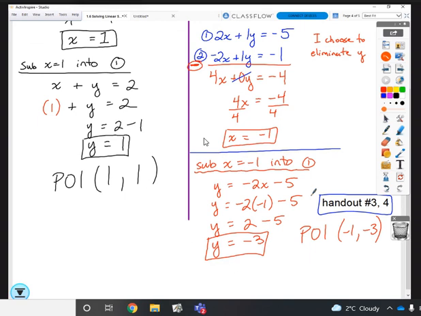We got -1 and -3, which is actually equal.